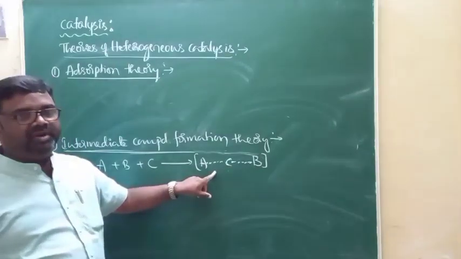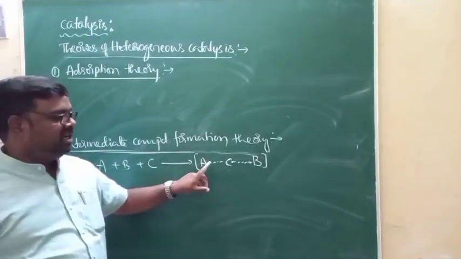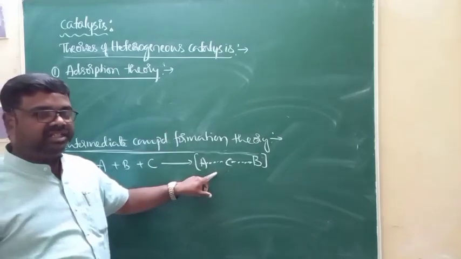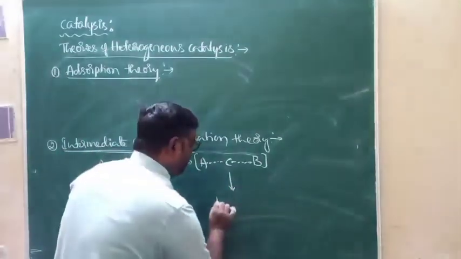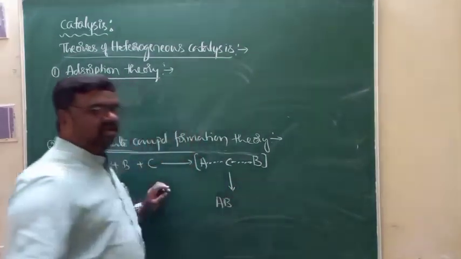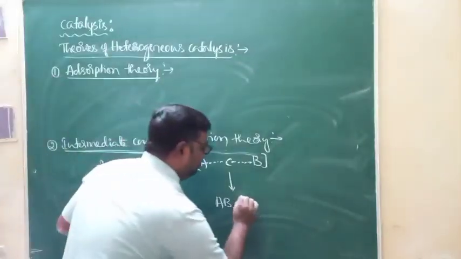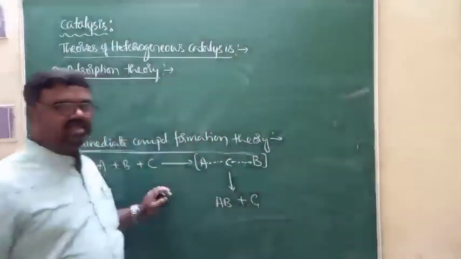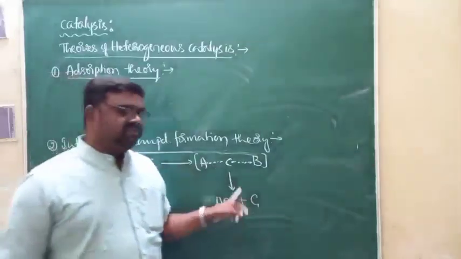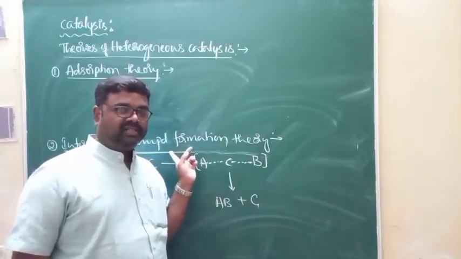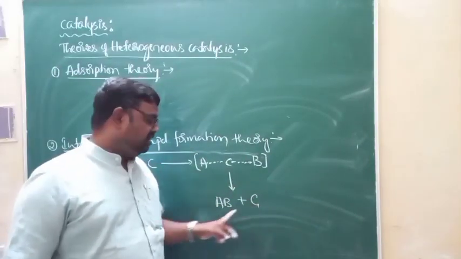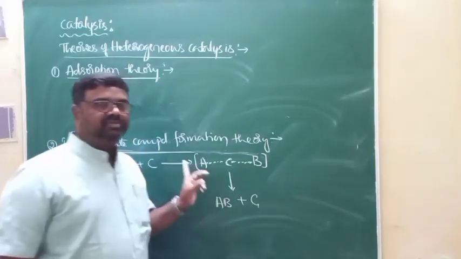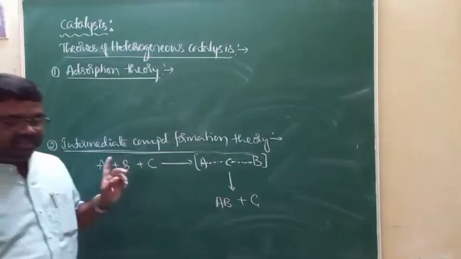This intermediate compound is highly energetic, unstable, and decomposes to form the product AB, along with the formation of catalyst. That is, during catalysis, the catalyst will be regenerated along with the product. So this is what we call the intermediate compound theory.